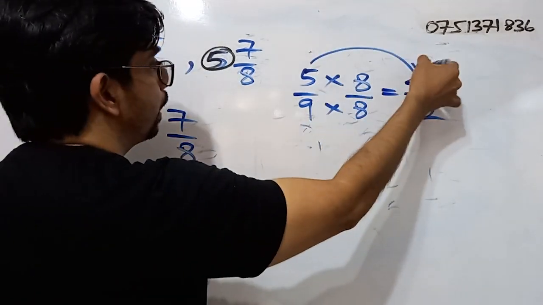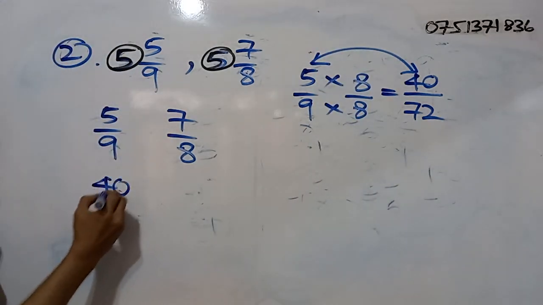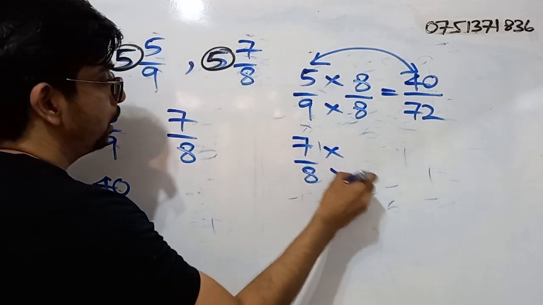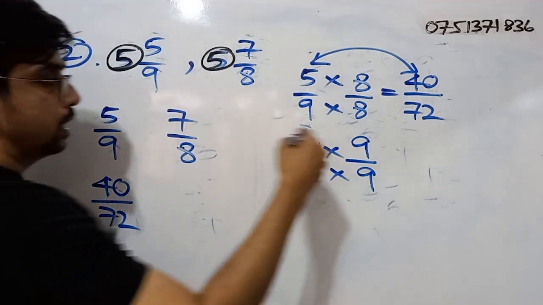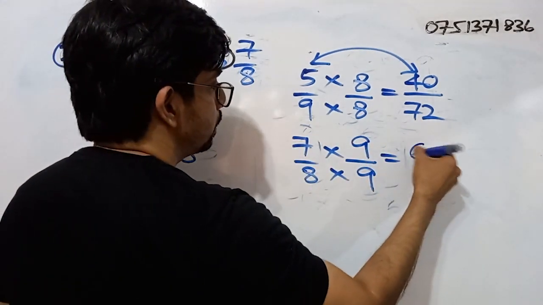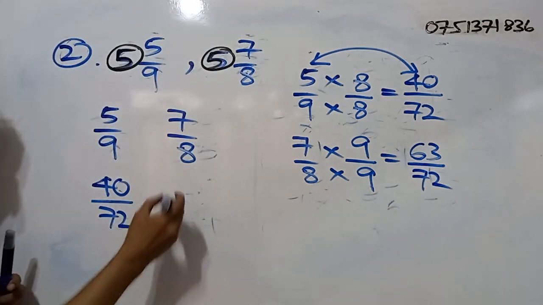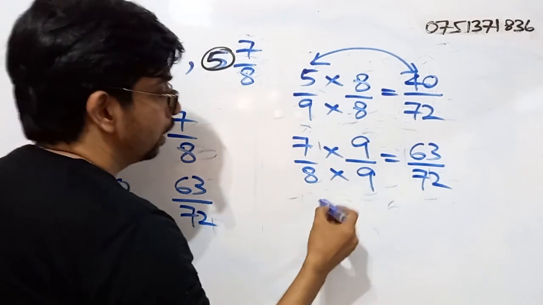Now these two fractions are equivalent fractions. So 40 by 72. 7 by 8, I will multiply the denominator by 9 and the numerator by 9. 7 into 9, what is that? 63. 8 into 9, what is that? 72. So 63 by 72, why is that?